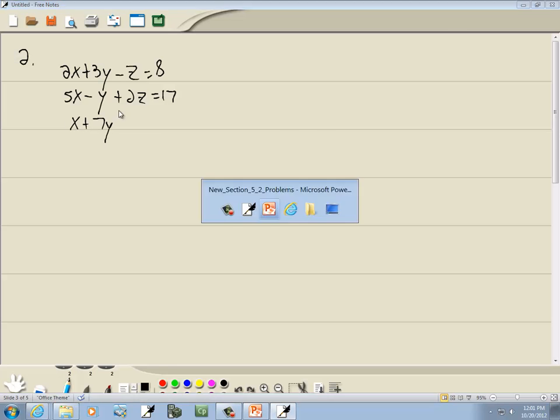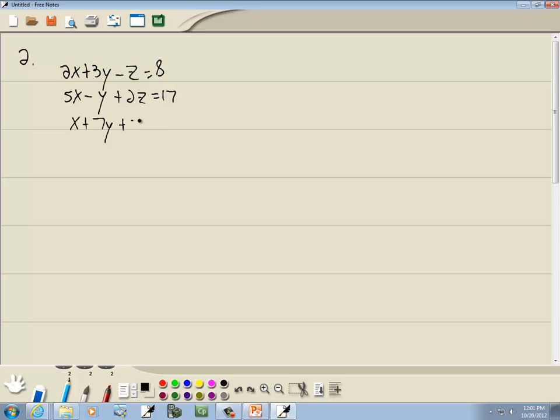X plus 7y plus z is equal to 28. Okay. Solving a system of equations, specifically linear, but using TI-83, 84.